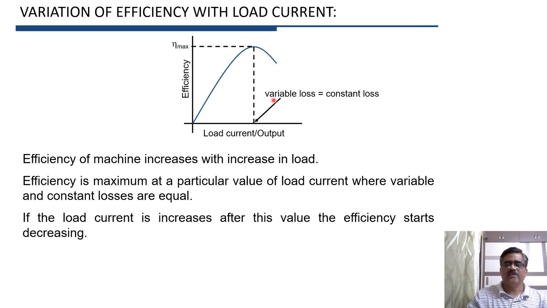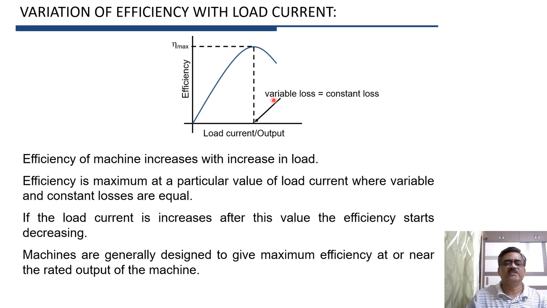So generally the machines are designed such that when the machine is operating at its rated value, then its efficiency is maximum. Means near rated output, variable loss is equal to constant loss, and that's why efficiency is maximum.